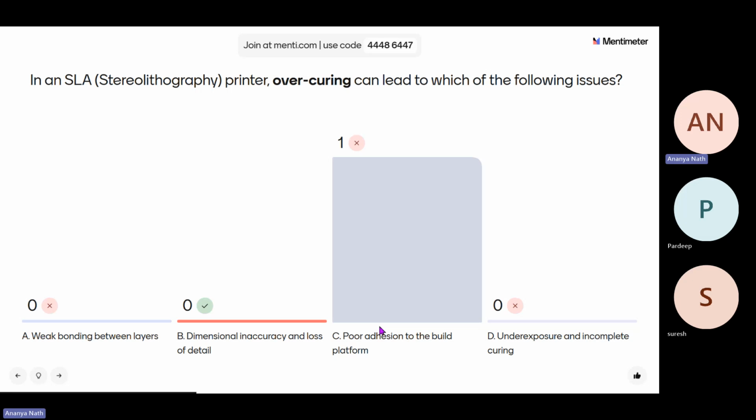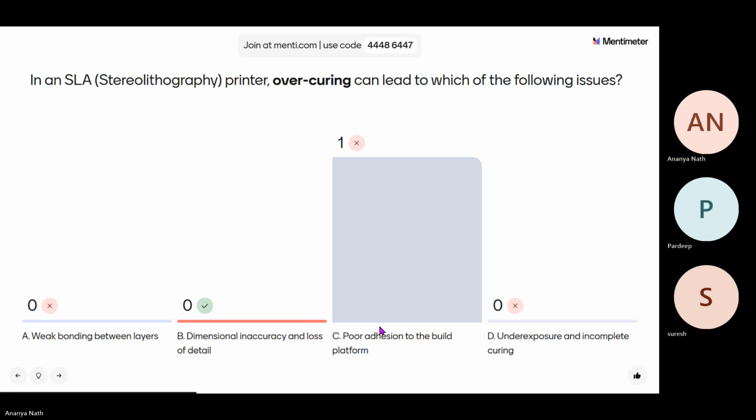So it's dimensional inaccuracy and loss of detail, because when you over-cure it, sometimes you end up with a very dense and very hard layer.